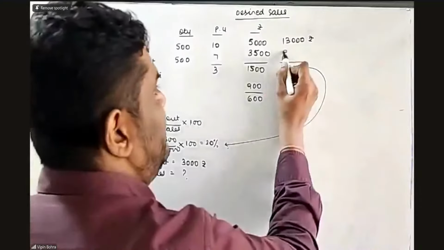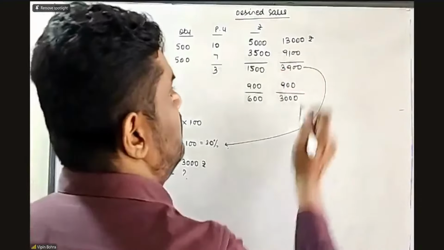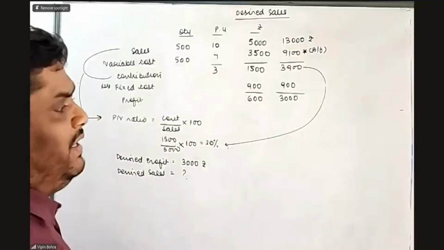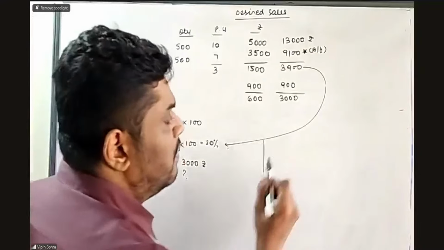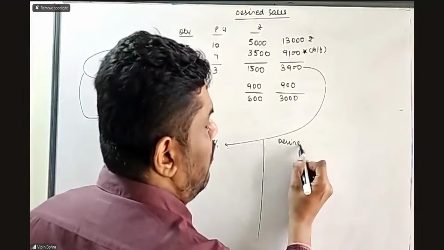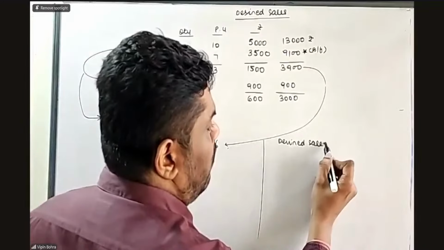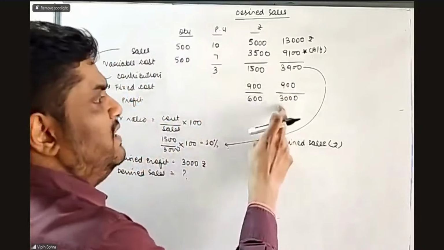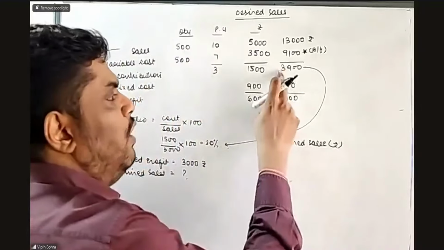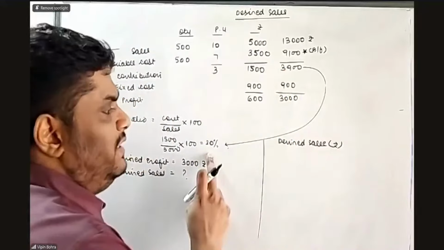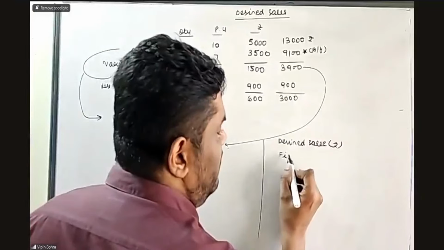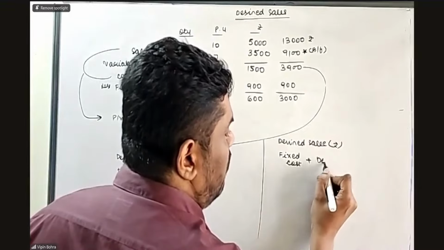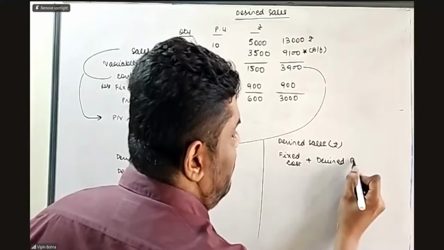So this is 9,100, my variable cost, that is my balancing figure. Again, what I did, fixed cost plus my desired profit, we get the contribution, divided by PV ratio, that is 30%. So same way, fixed cost plus my desired profit.